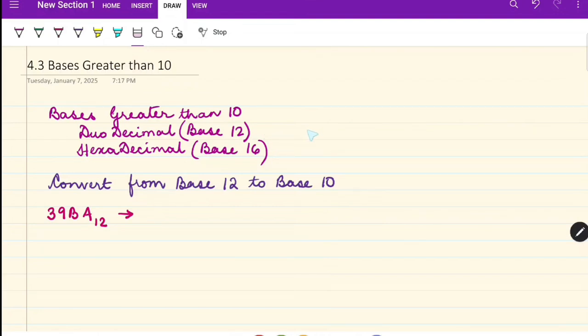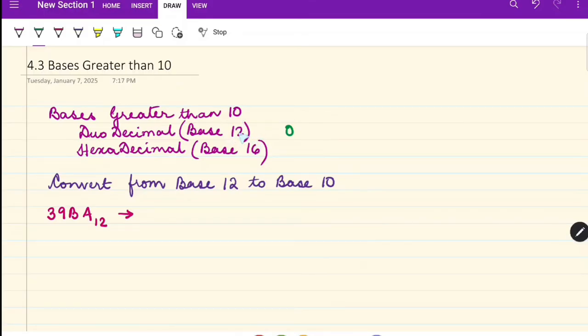Now, the pattern of the numerals is the same. They start from 0, so the lowest value is a 0, and go up to 1 less than whatever the base is.